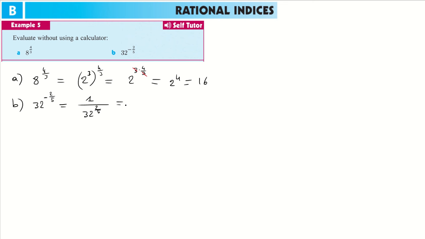And the 32 we can write down as 2 to the power of 5. That to the power of 2 over 5, that becomes 1 over 2 to the power of, you can use the third index law, that is 2 to the power of 5 times 2 over 5. So the 5's cancel out, so we get 1 over 2 to the power of 2, which is 1 over 4. That's the answer.